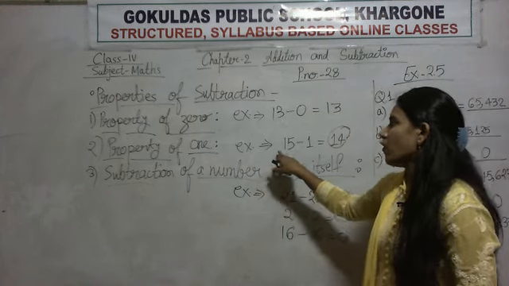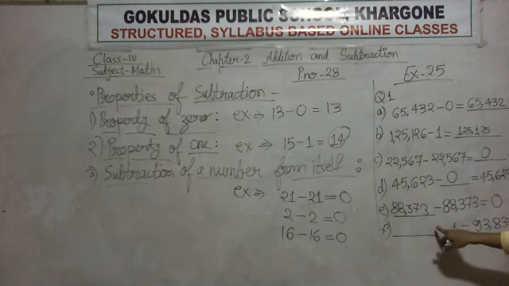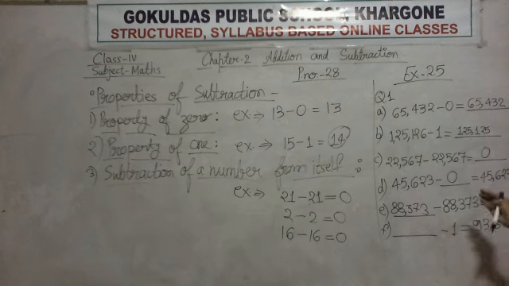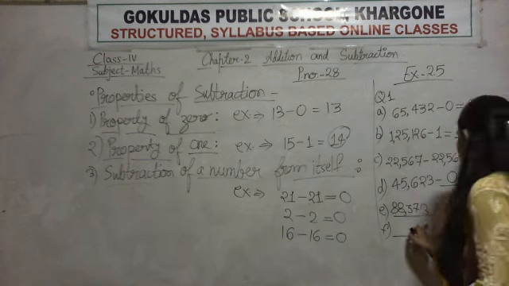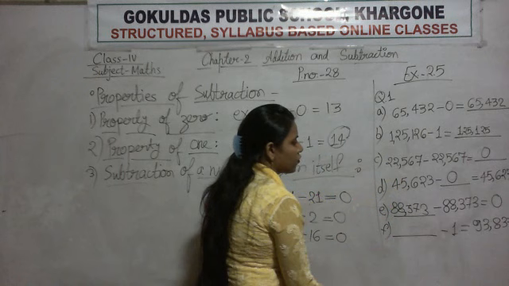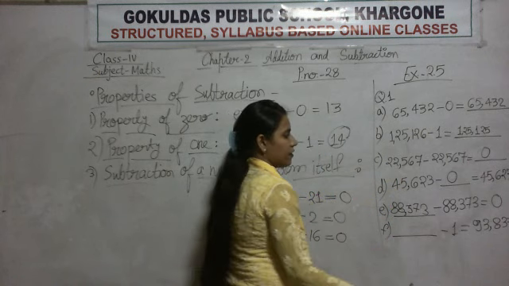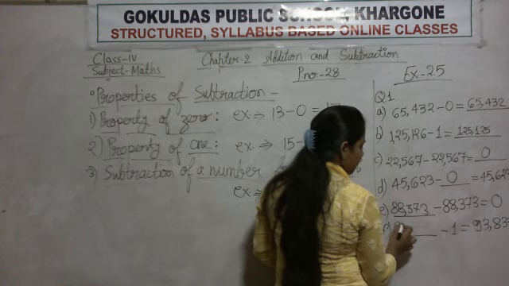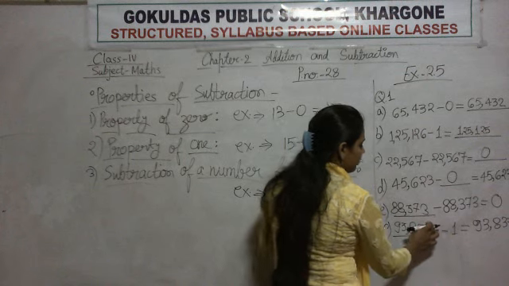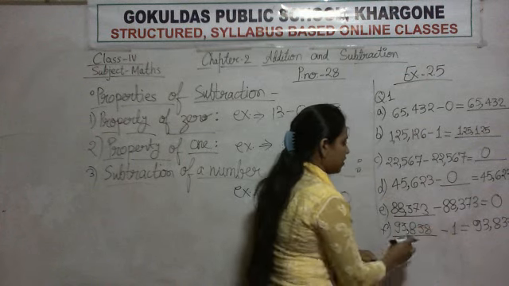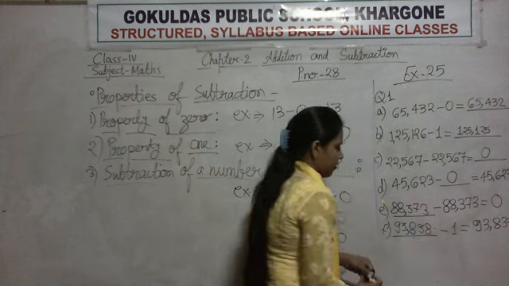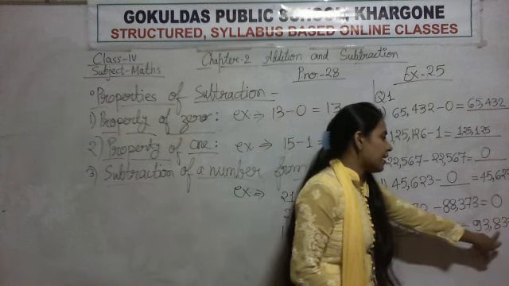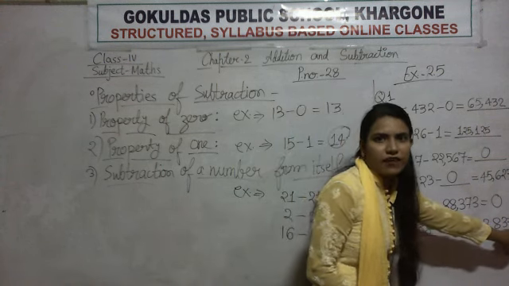When you subtract 1 from the given number, you get its predecessor. Now you want to find this number, so you will add 1 to this. You get your answer, 93,838. When you subtract 1 from it, you will get 93,837. Okay.